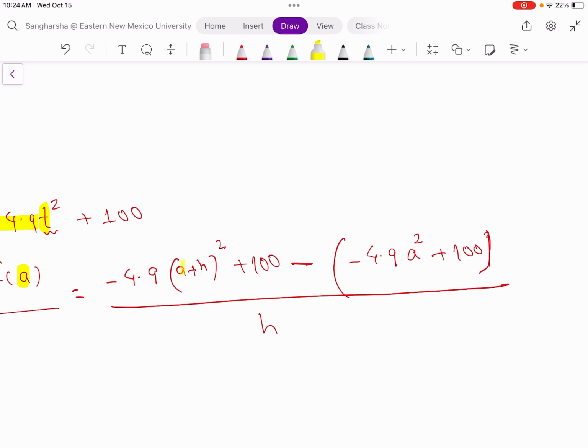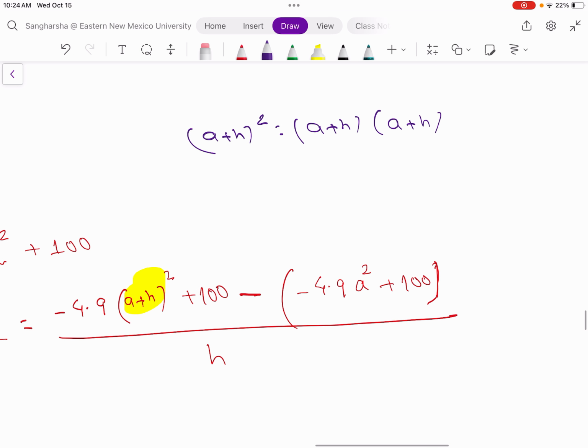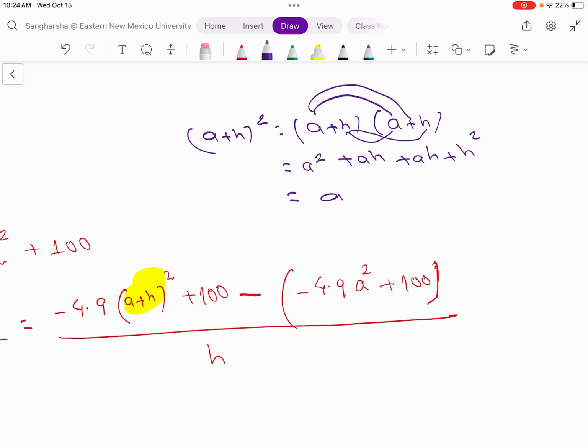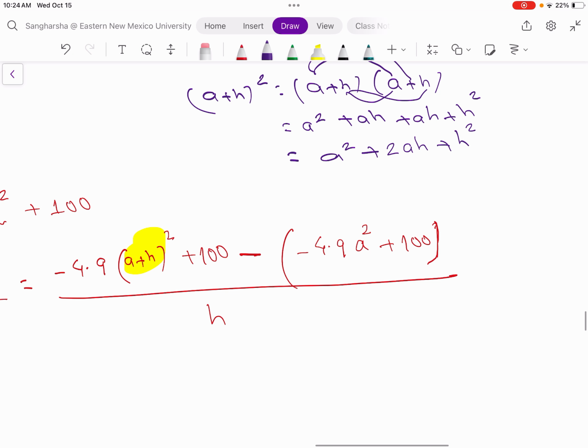Now let's simplify this. We have a plus h squared, and what is that? This is a plus h times a plus h. We use FOIL: a times a is a squared, a times h is ah, h times a is ah, h times h is h squared. So this is a squared plus 2ah plus h squared. Now let's replace that.